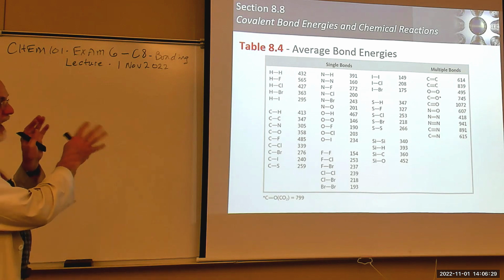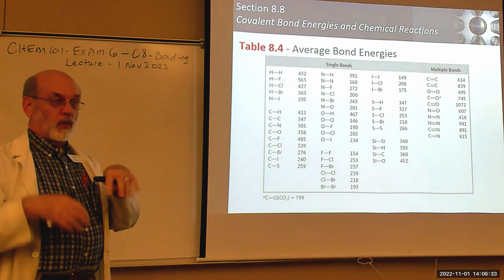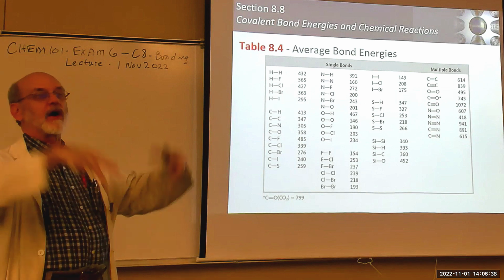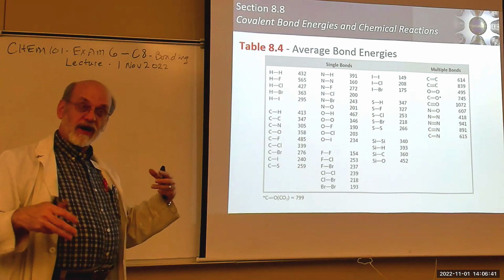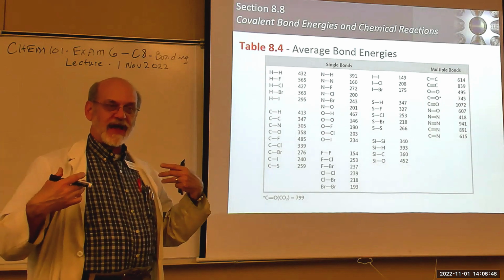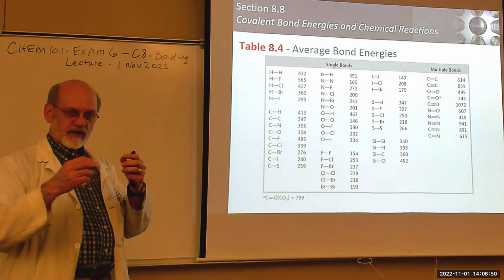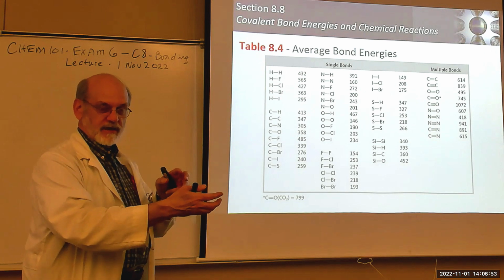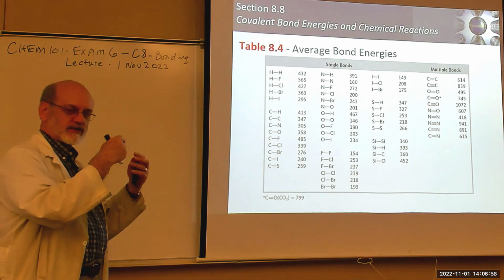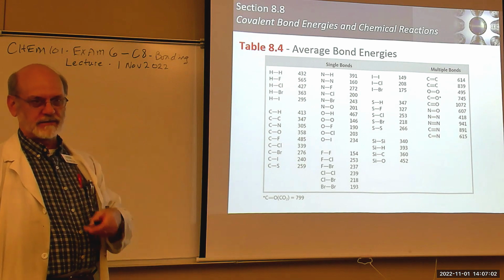Okay, so if we know the bond energies of each one of these bonds, then we have a molecule that's got these bonds in it. We know what the energy content of that molecule is, or what it would take to break it all apart. But if we bring those together, we can form bonds and we get that energy back. So what that means is, if you take all the bond energies associated with the reactants and subtract the bond energies of the products, you can find out what the enthalpy of that reaction is.